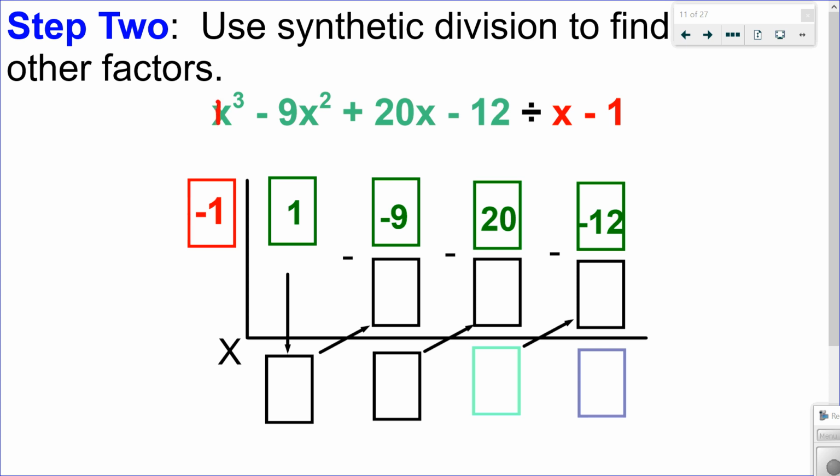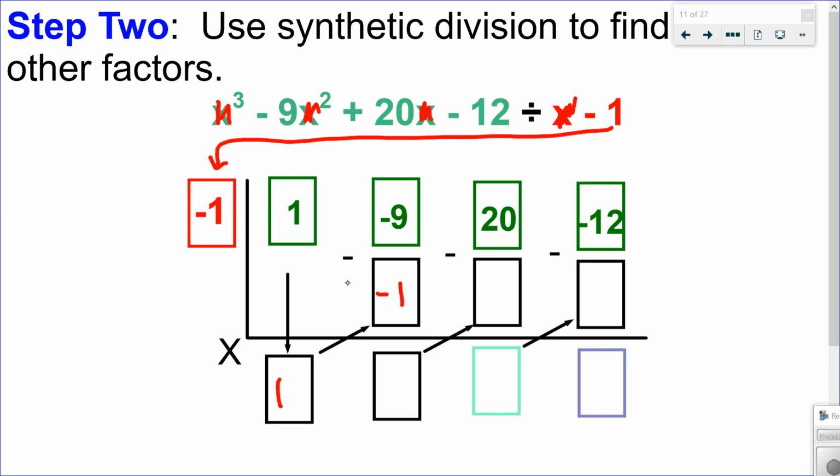So remember, for synthetic division, I just get rid of all of my x values. Make sure everything's accounted for, which it is. 1 goes on the outside here, and then the coefficients are all here. So 1, -9, 20, and -12. So I'm going to bring the 1 down and multiply. 1 times 1 is 1. And then I'm going to, like division, subtract.